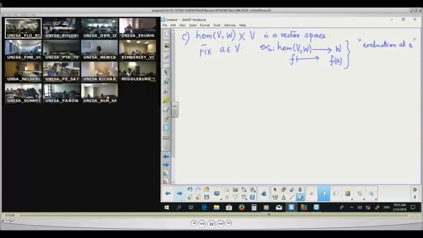What are you doing? You're taking F, evaluating at A. Obviously this is linear. So this is a linear map.